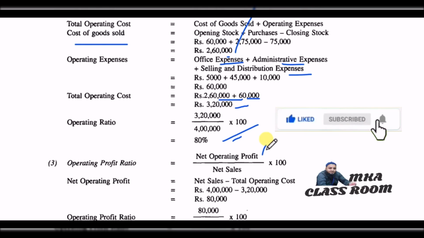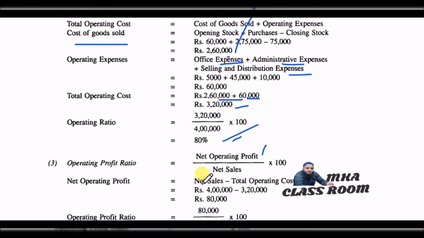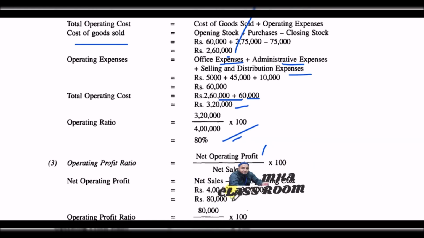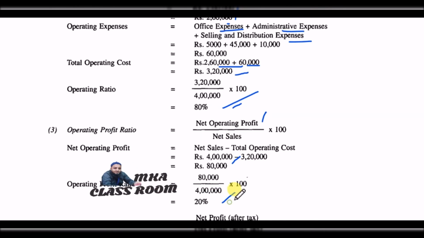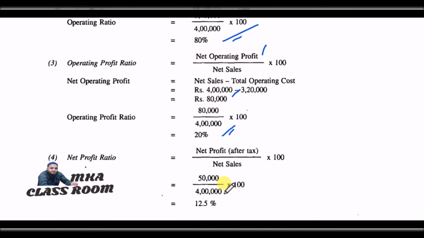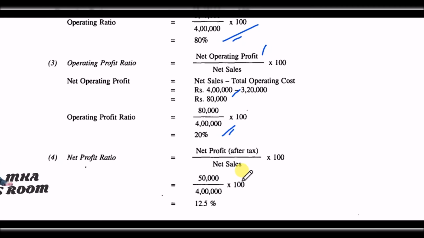So we have net sales 4 lakh and total operating cost 3 lakh 20,000. So we can easily find the net operating profit. Then with net sales 4 lakh, that is 20%. Net profit ratio: net profit after tax is 50,000.